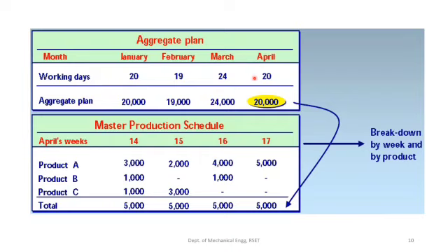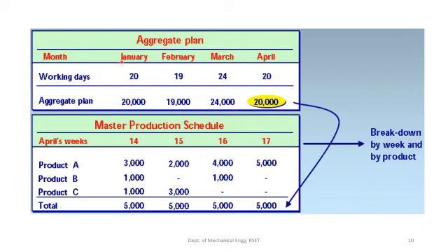It might be a combination of product A, product B, and product C. Let us take a case where the plant produces three products, A, B, and C, on the same production line, or in that particular plant. In the month of April, the sum total of products A, B, and C that has to be produced is equal to 20,000. Such a kind of plan is referred to as an aggregate plan.